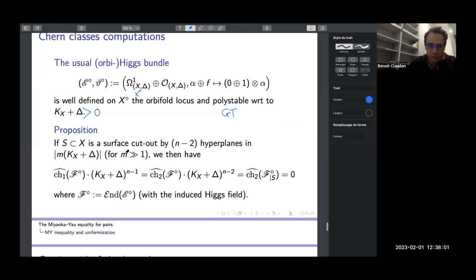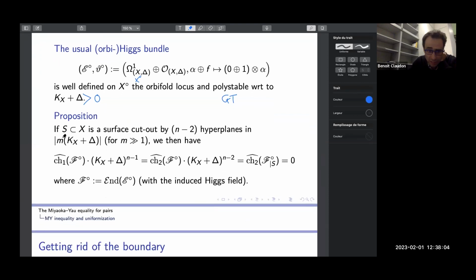We look at this complete intersection surface in X, and so I pick my hyperplane in the linear system associated with a multiple of my ample canonical bundle.